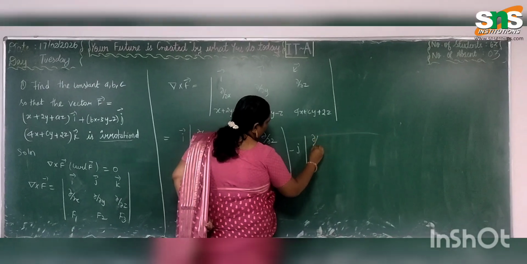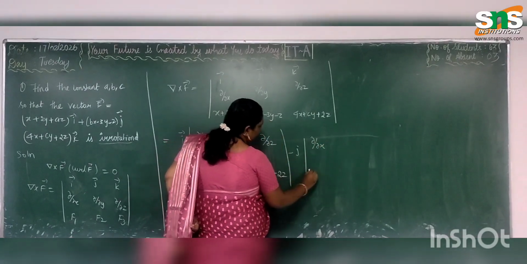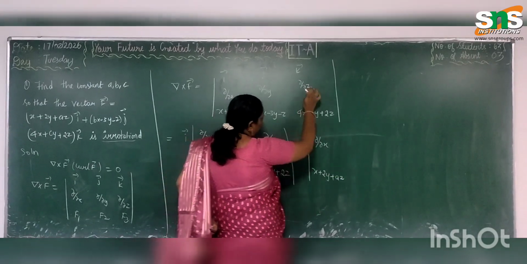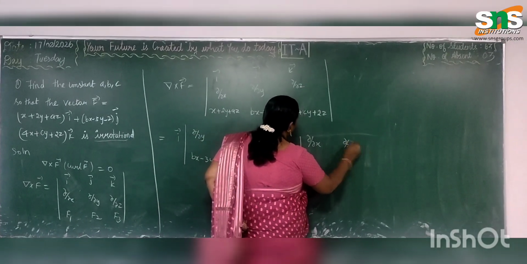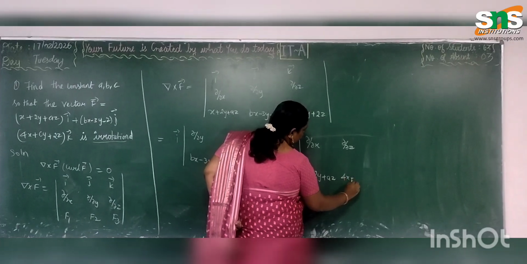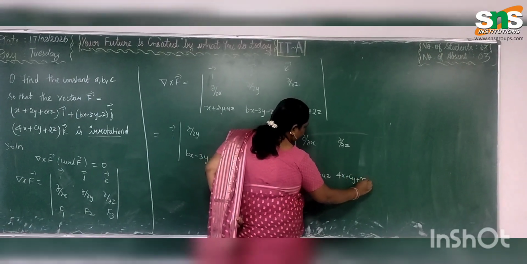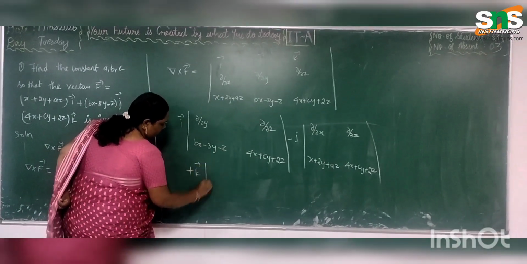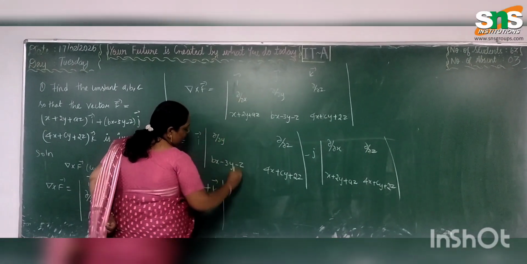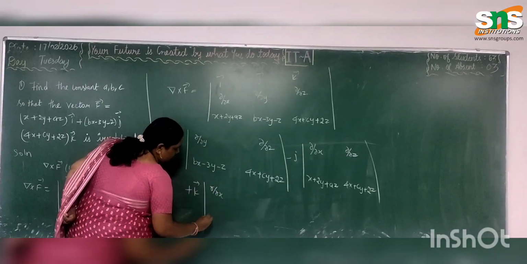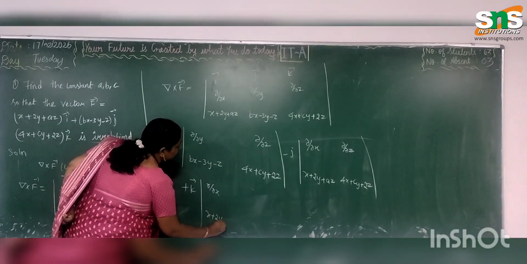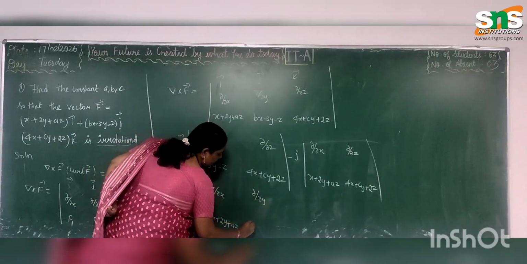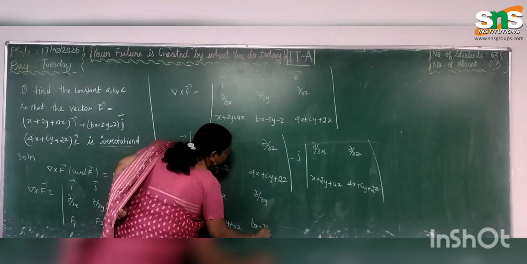Then we have dou by dou x, dou by dou z, x plus 2y plus az and 4x plus cy plus 2z. Plus k vector into dou by dou x, dou by dou y, x plus 2y plus az and bx minus 3y minus z.